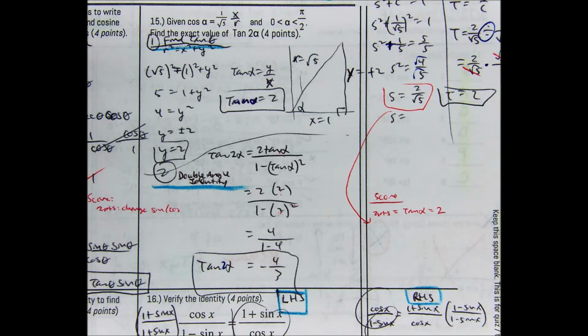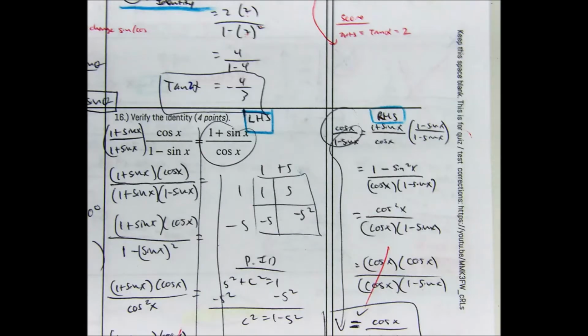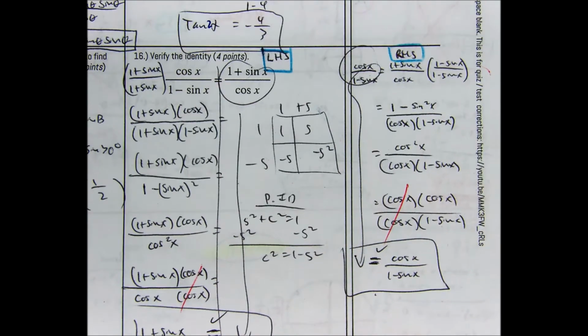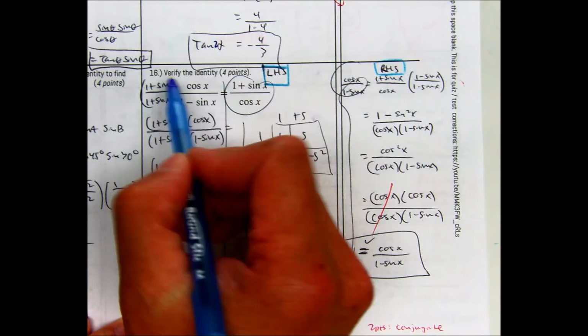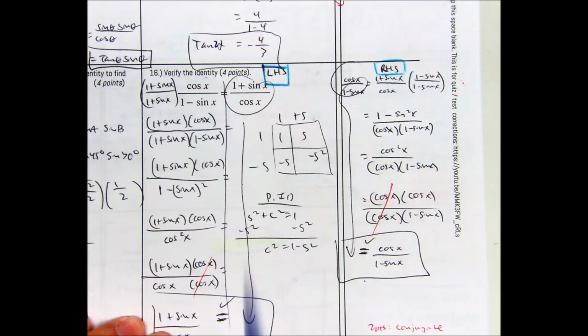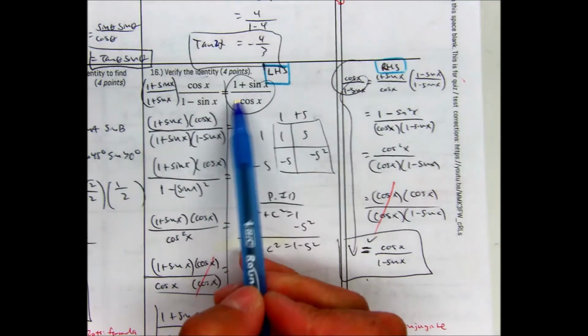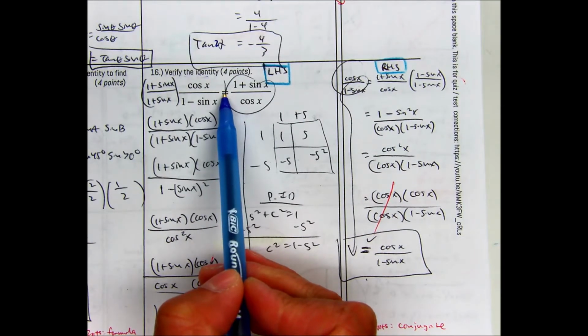Question number 16. Verify the identity. When you're verifying identities, you only work on one side. You can choose either the left or the right, because you have an equal sign.